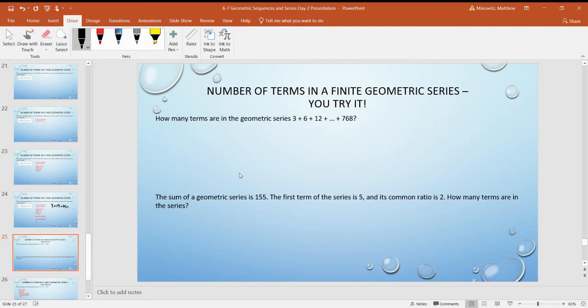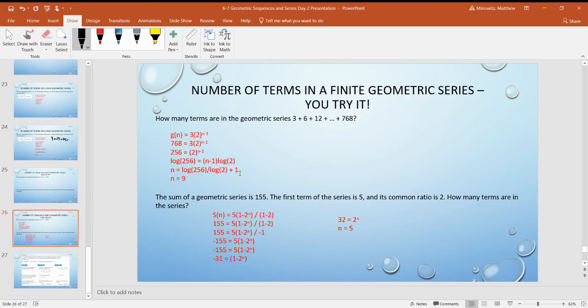Okay, hopefully we went 2 for 2. First one, we needed to come up with the geometric sequence, the explicit form, and then solve for n using logarithms. The second one, we needed to use the sum formula. We knew the first term and the ratio, and we needed to solve for n.